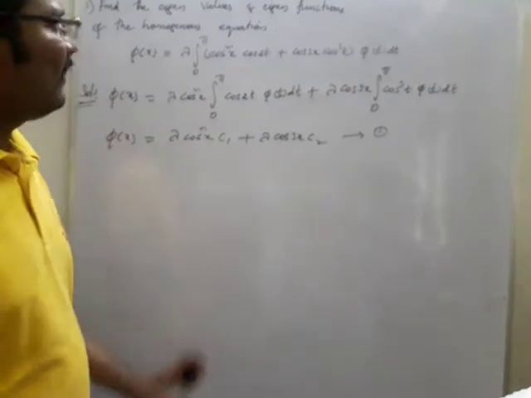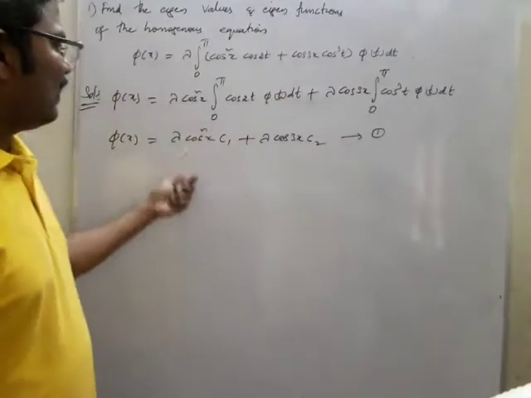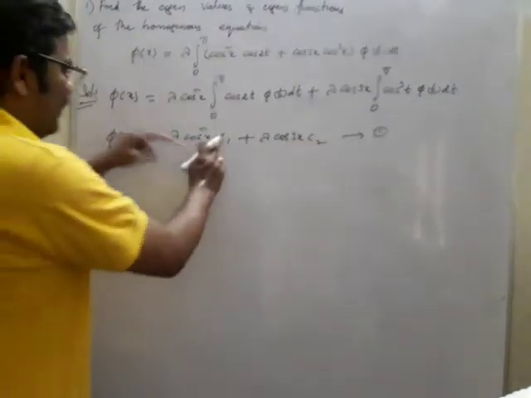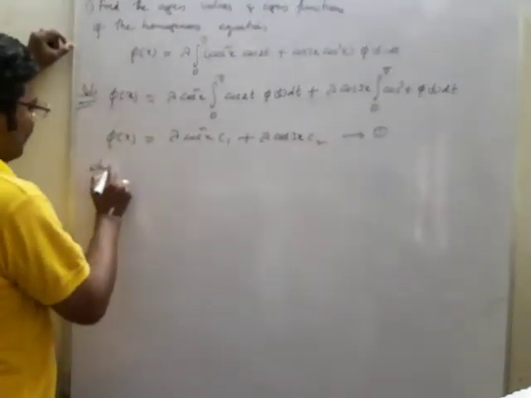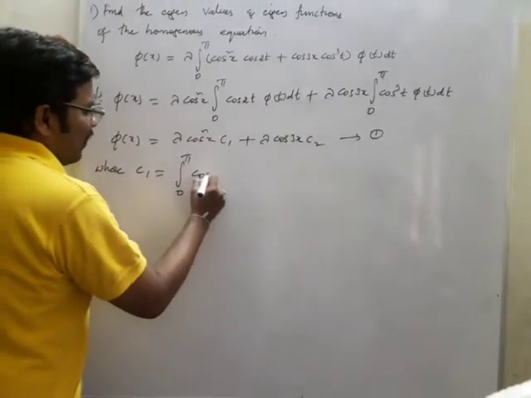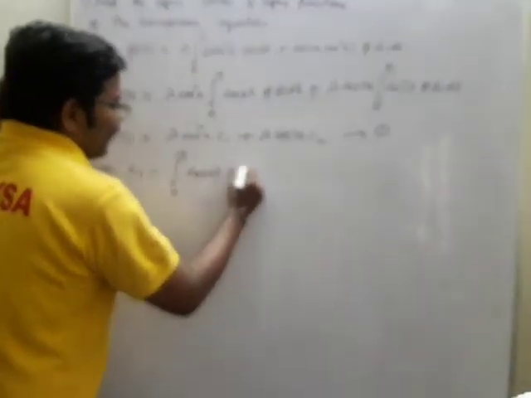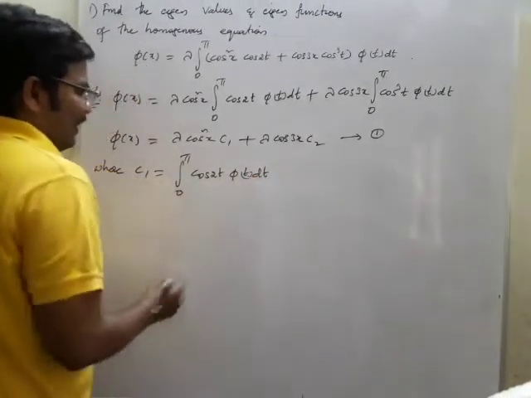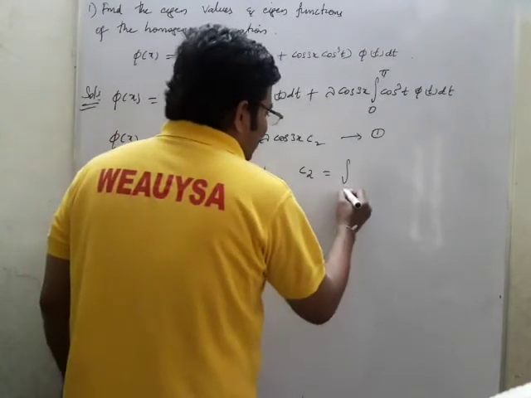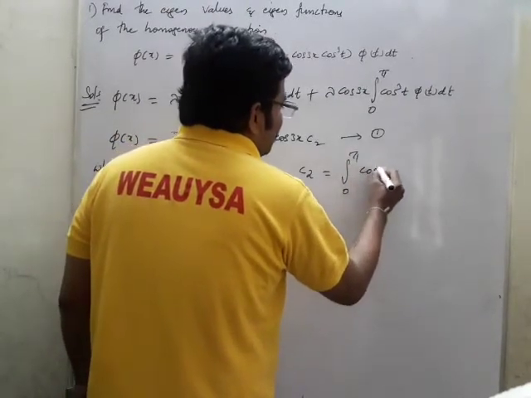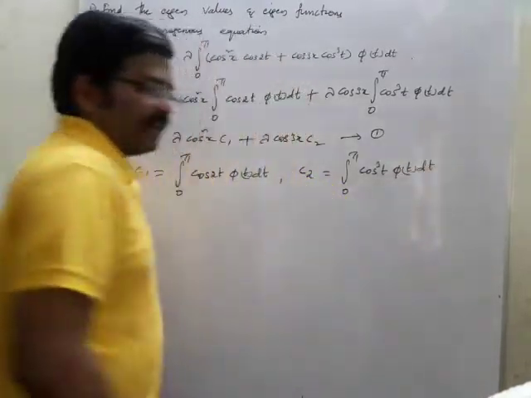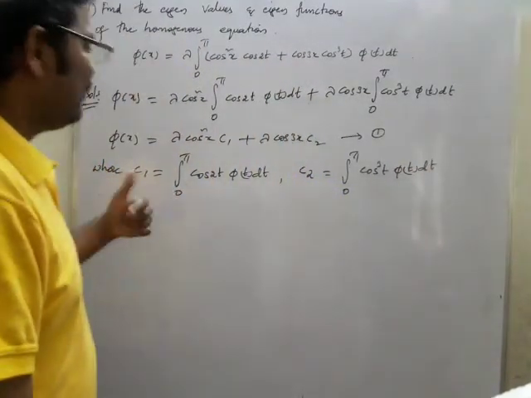So simply we have taken the integral inside and we have taken C1 and C2, where C1 is equal to integral 0 to pi cos 2t phi of t dt, and C2 is equal to integral 0 to pi cos cube t phi of t dt. Now this is what we got.